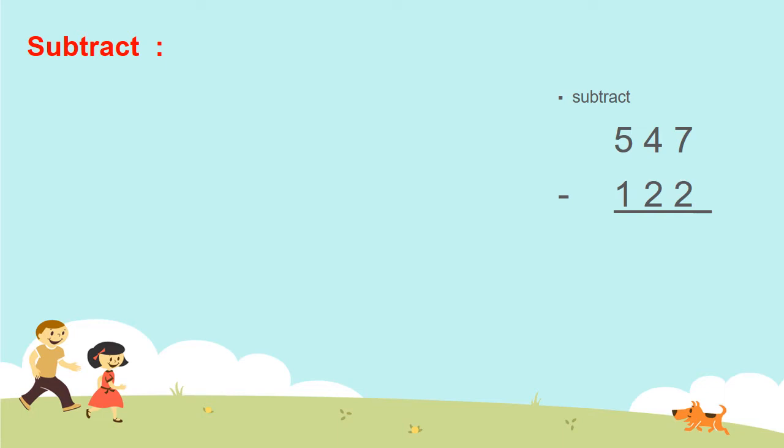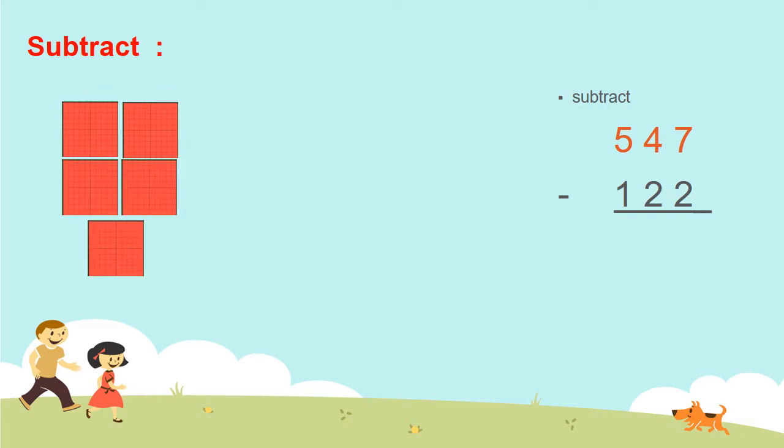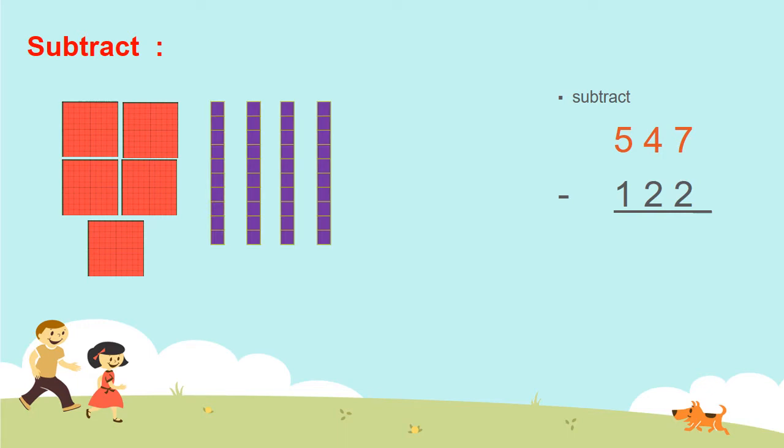Okay, let's start by representing the first number. 5 hundreds and 4 tens and 7 ones.